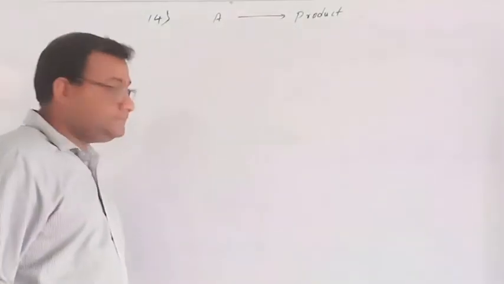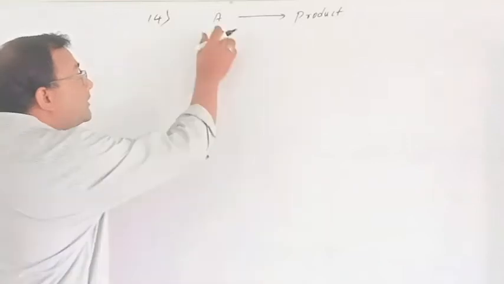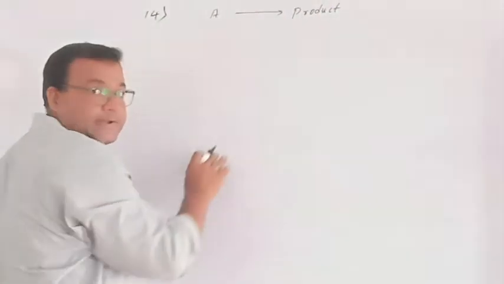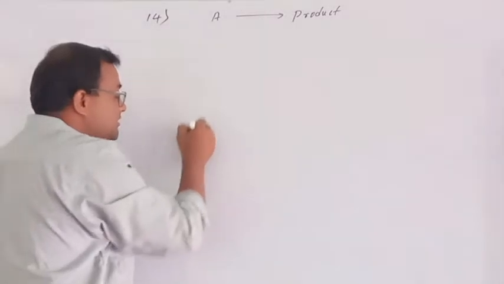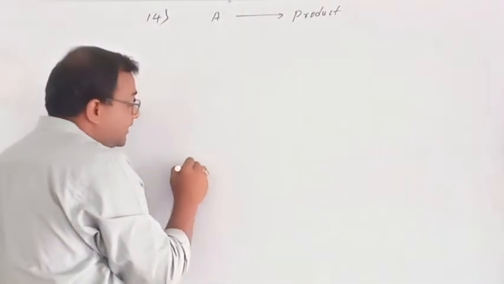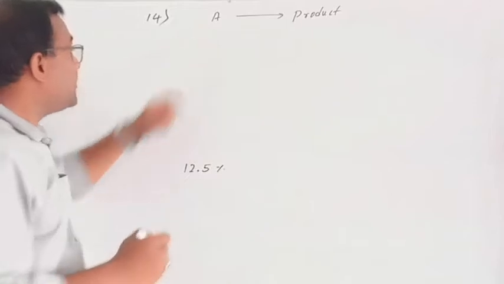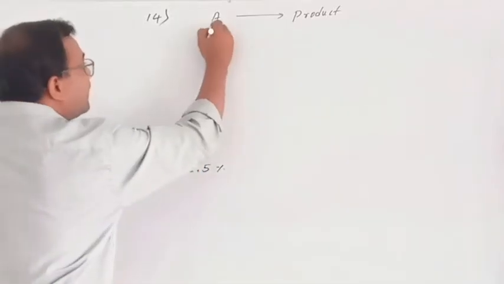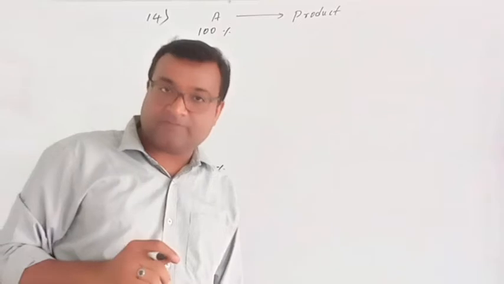Question number 14. Given a reactant A converting into product, it changes to the final state of 12.5% from 100%. Starting in the initial state, 100% was taken.